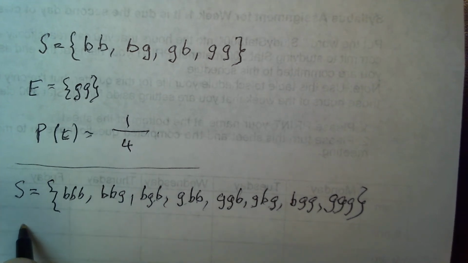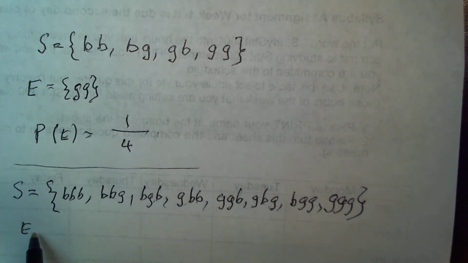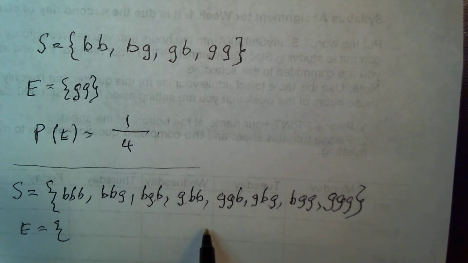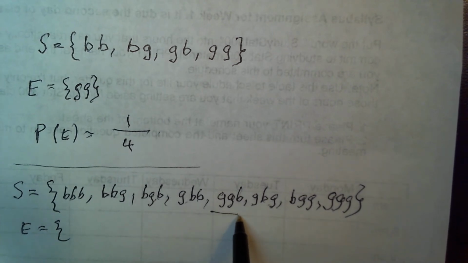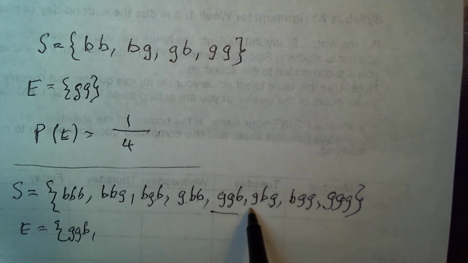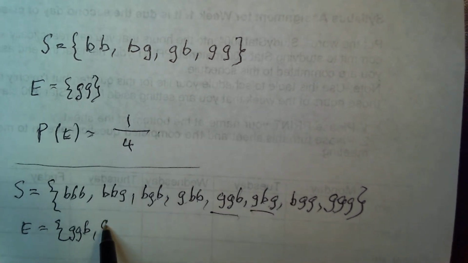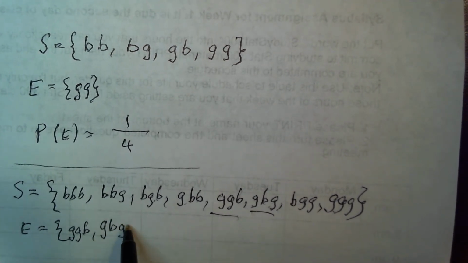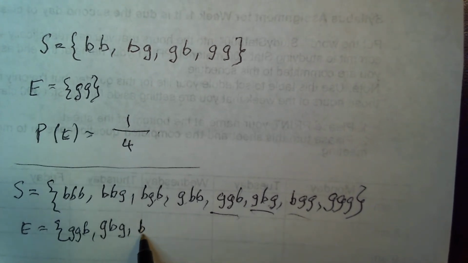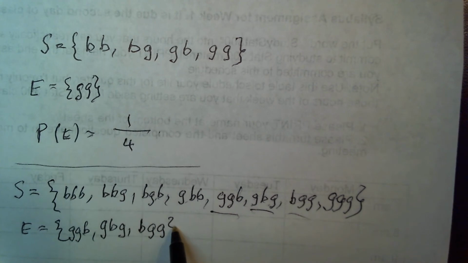And again, the event we want is 2 girls. And when does that happen? Well, it happens in this case, girl, girl, boy, girl, boy, girl, and boy, girl, girl.